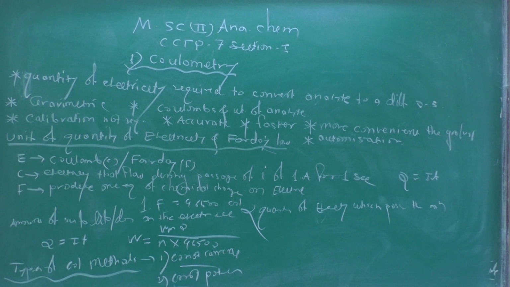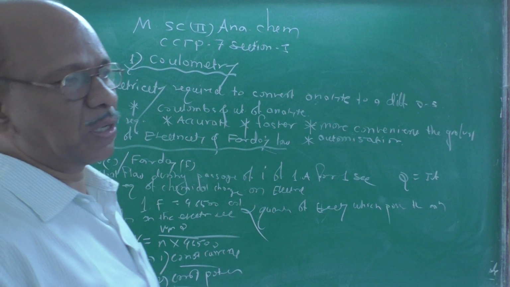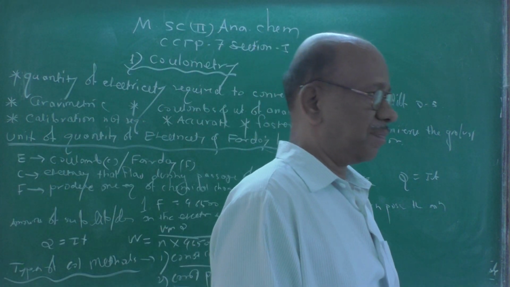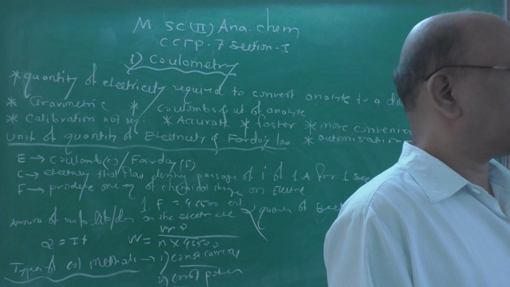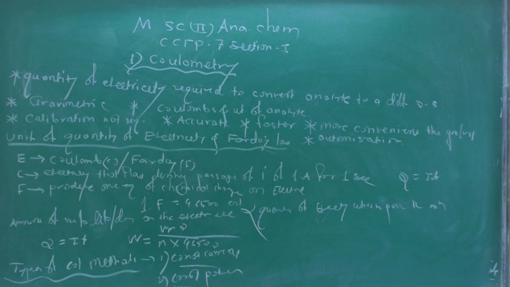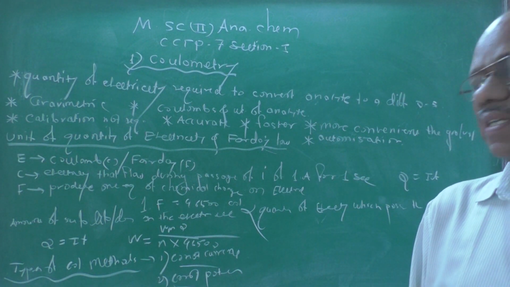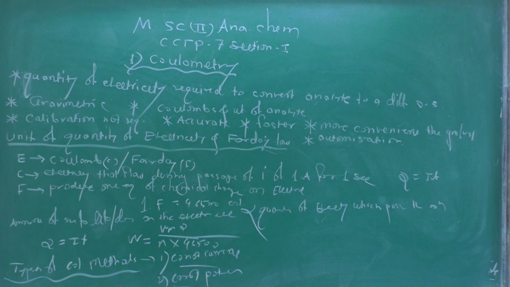Now consider Faradays. One Faraday produces one equivalent of chemical change when you pass the electricity. The amount of electricity required to carry out one equivalent of chemical change on the electrode surface is 1 Faraday.